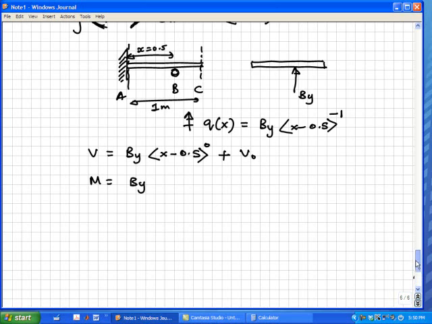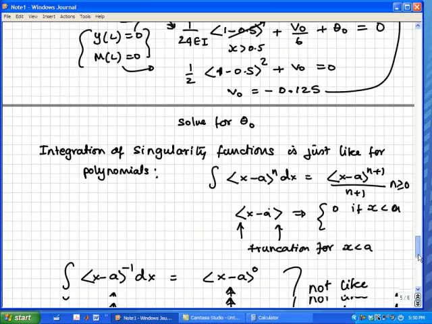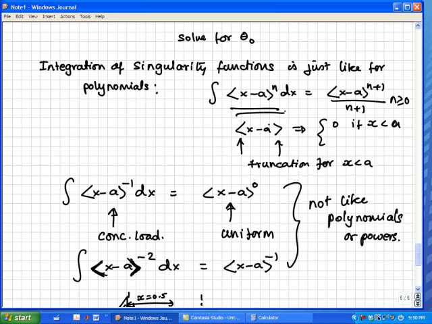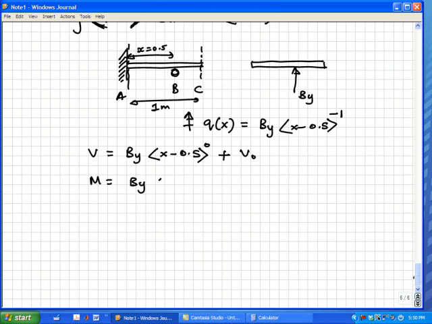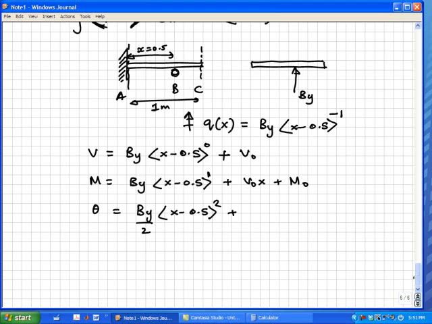Now we are back to this kind of a setup. So M will give me By times <x minus 0.5> to the power 1 plus V naught x plus M naught. Theta would give me By times <x minus 0.5> squared over 2 plus V naught x squared over 2 plus M naught x plus theta naught.